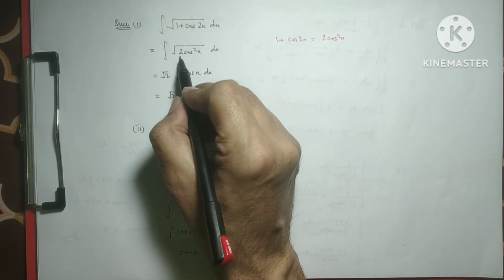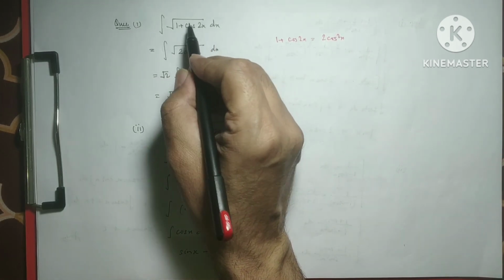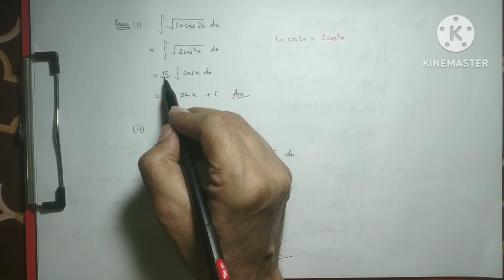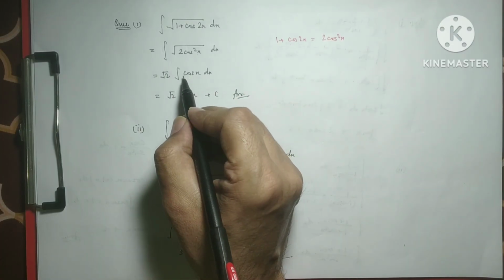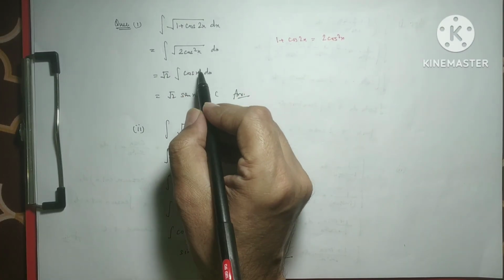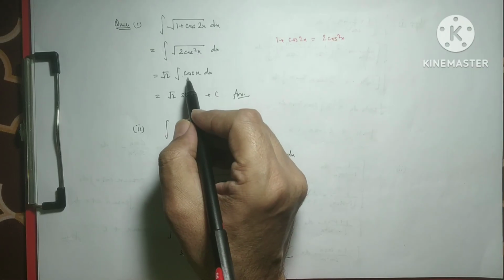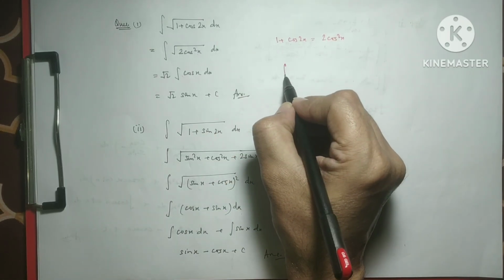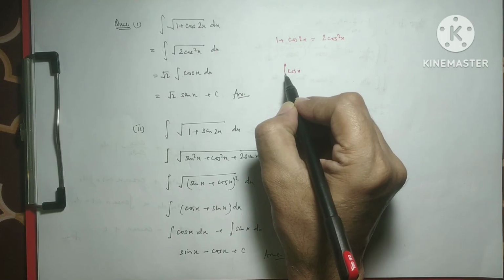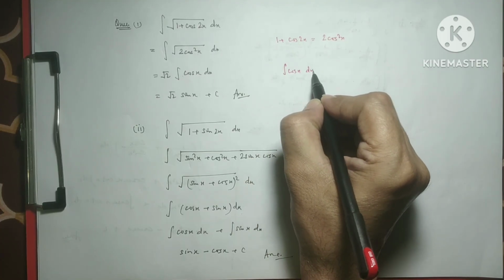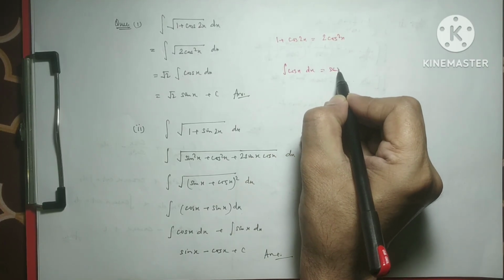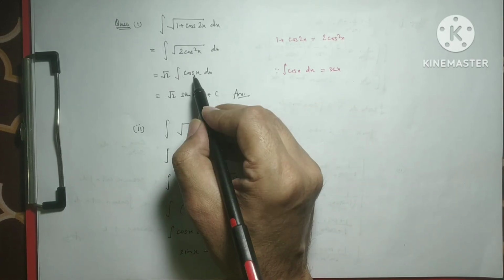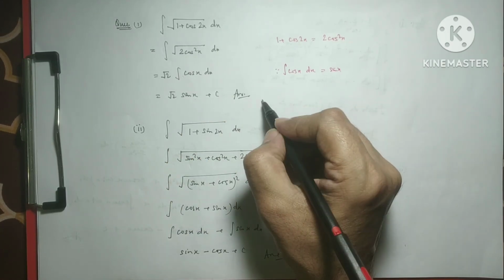We put 2 cos square x in place of 1 plus cos 2x, so root 2 comes out as a constant, and under root cos square x becomes cos x. So the integration of cos x is sin x. It means we get root 2 sin x. This is the answer.